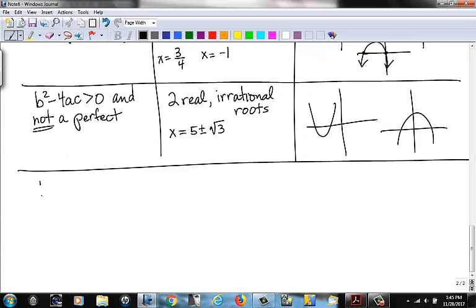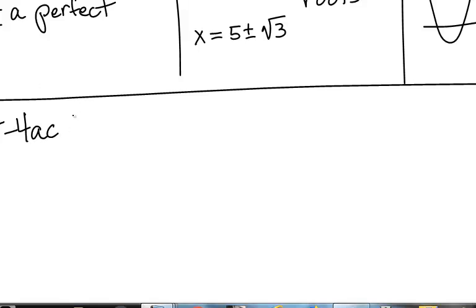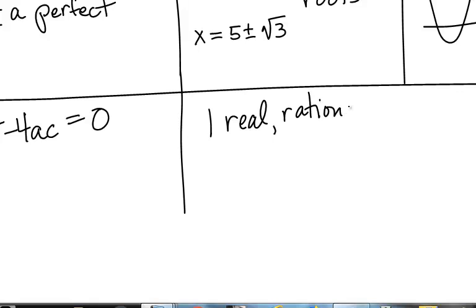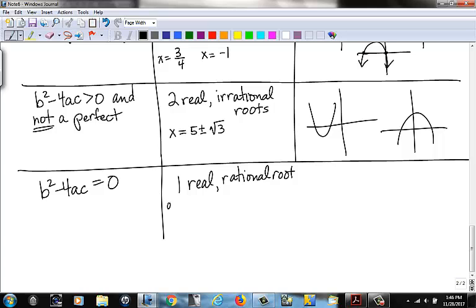If I look at the discriminant and I sub into the b squared minus 4ac and I get it equal to 0, then my answer is 1 real rational root. Sometimes they call it a double root, a double real root.